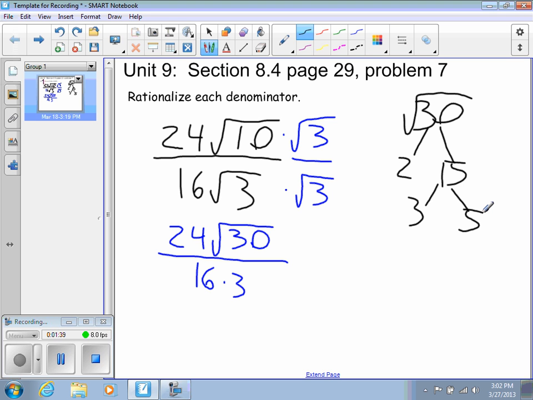So we're not going to be able to simplify the top any more than what we have. But we can simplify this bottom, we can multiply it out. Now on the top we're going to have 24 times the square root of 30. And on the bottom, we now have 16 times 3, which would be the same thing as 8 times 6.